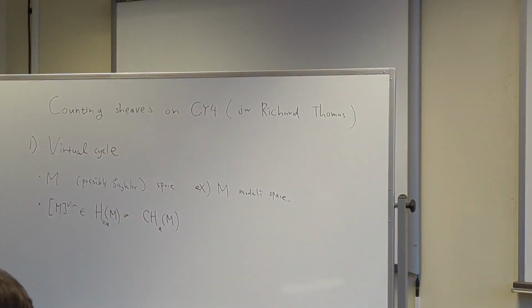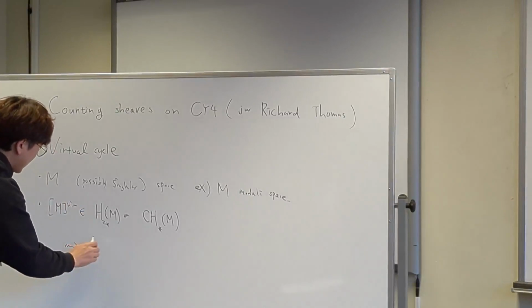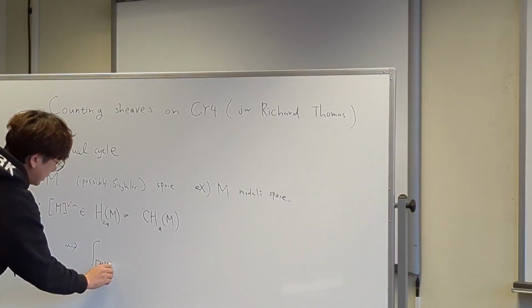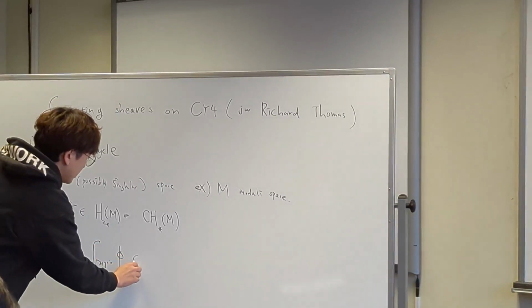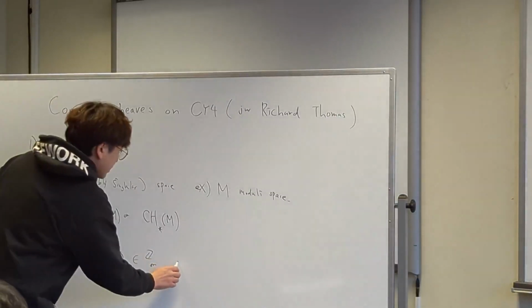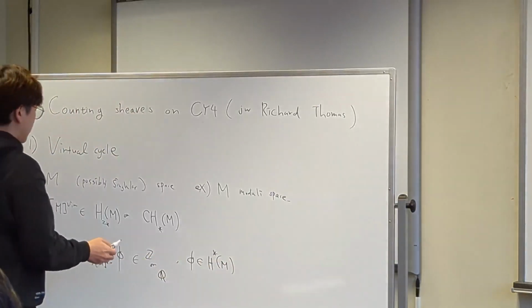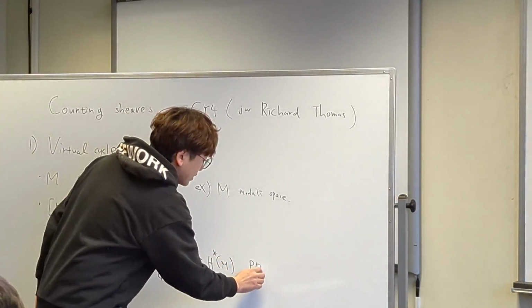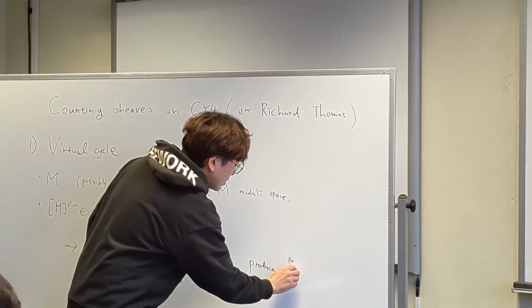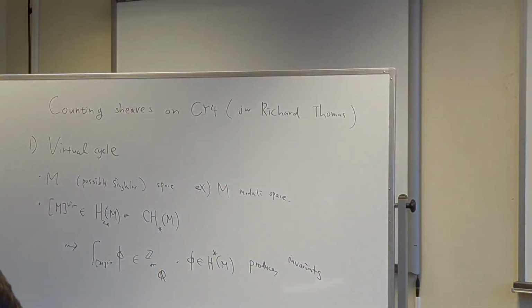So once we have this, as I advertised, over this cycle we could integrate a cohomology class, and that produces a number called an invariant.